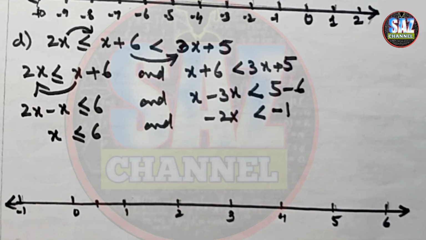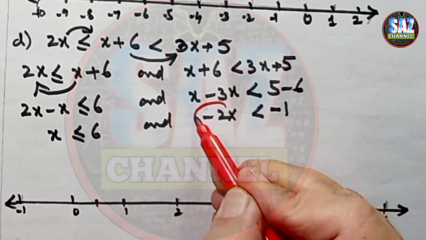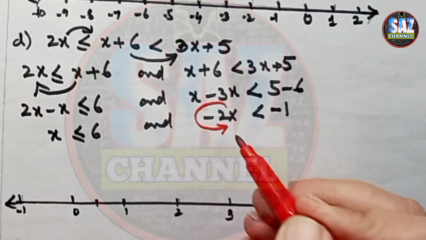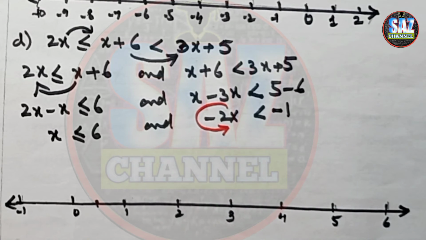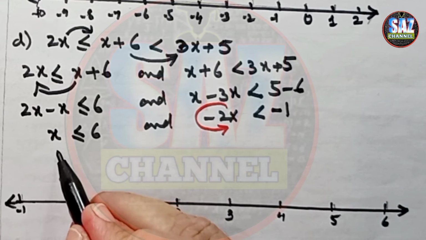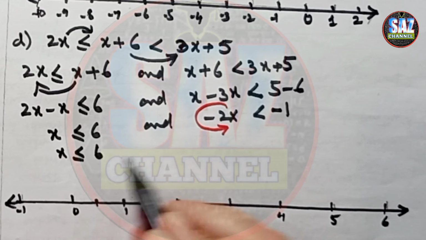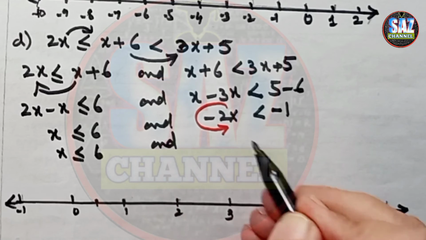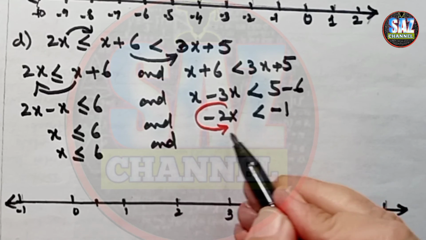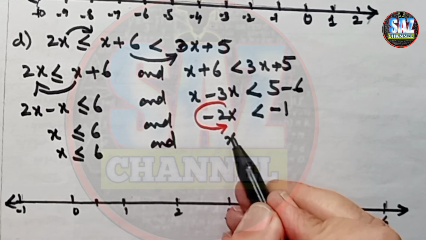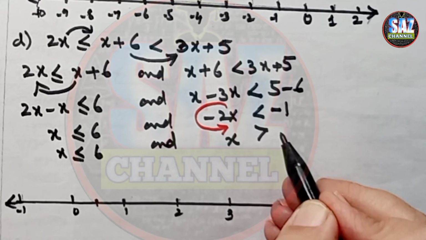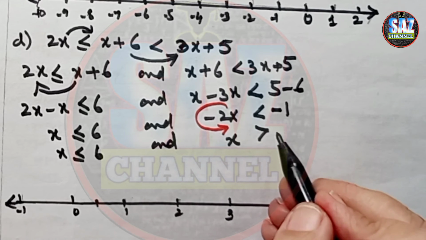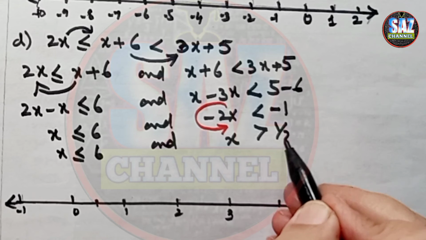Again, I need to get the value of the variable, and the variable has minus 2 multiplied with it. Shift minus 2 to the other side, and when I shift this minus sign to the other side, I have to reverse the direction of the inequality as well. x greater than 1 by 2.